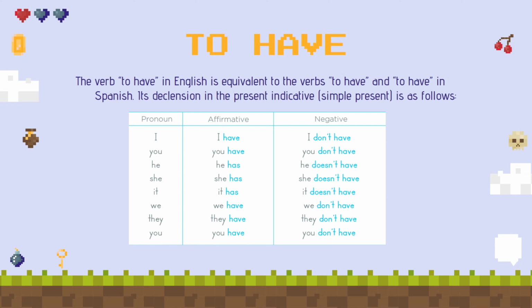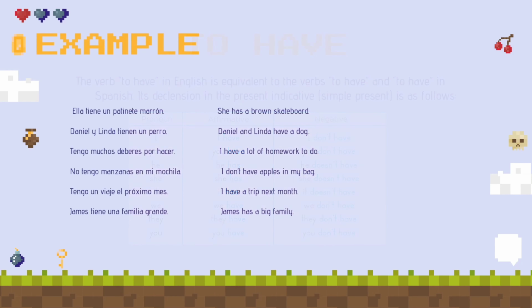Negative: I don't have, you don't have, he doesn't have, she doesn't have, it doesn't have, we don't have, they don't have, you don't have. It will be very important to learn this little word so it will be easier for us.